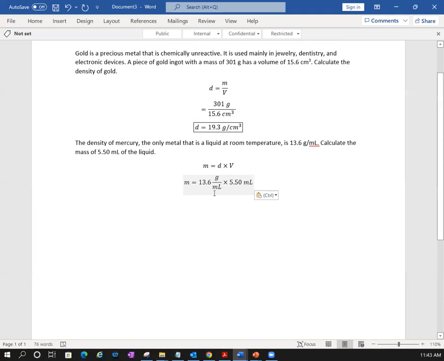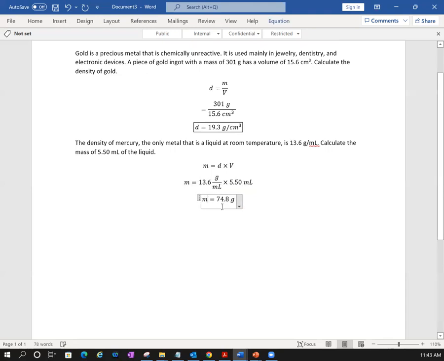So, if you notice, yung ml dito, tapos yung ml dito ay magka-cancel out, making this equation dimensionally correct. Kasi mass is equal to blank gram ang magiging sagot. So, pag kinalculator natin yan, ito magiging sagot.